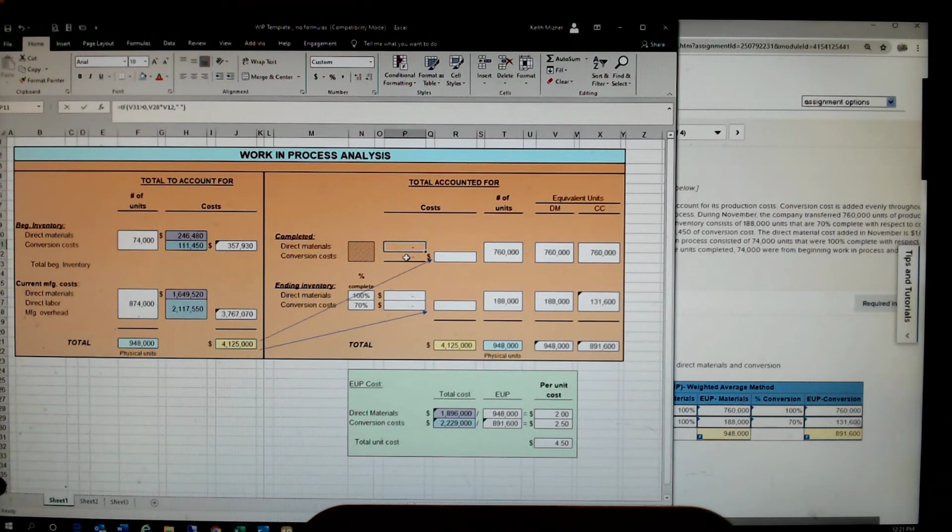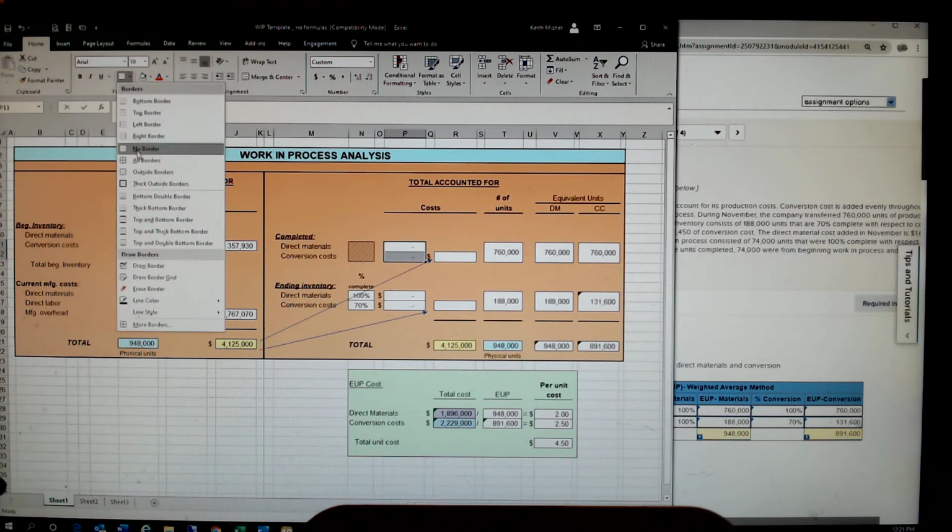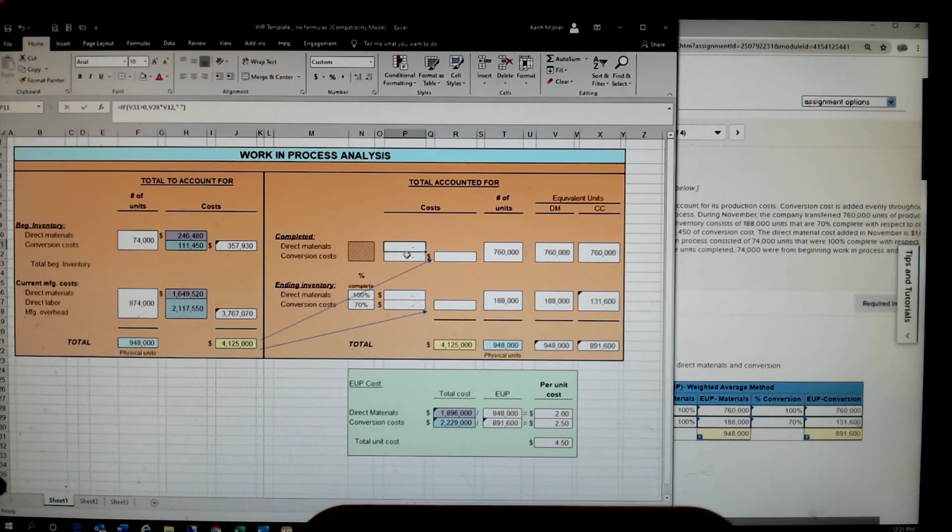Now, I'm going to do something here that this problem actually asks for, so this is why I'm going to do this. Kind of break this up a little bit. All borders, get rid of this, get rid of this. Okay.